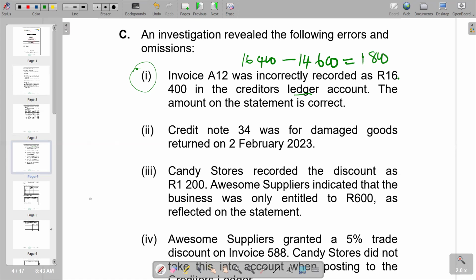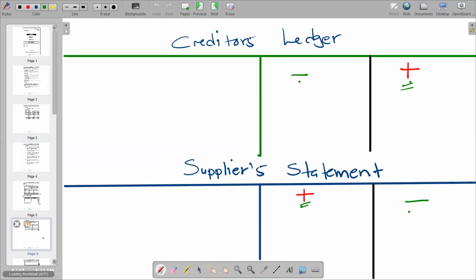According to our analysis, we are having a greater figure of 1,800 on the credit side of the creditors ledger. To remove it from the credit side, we have to enter on the debit side.